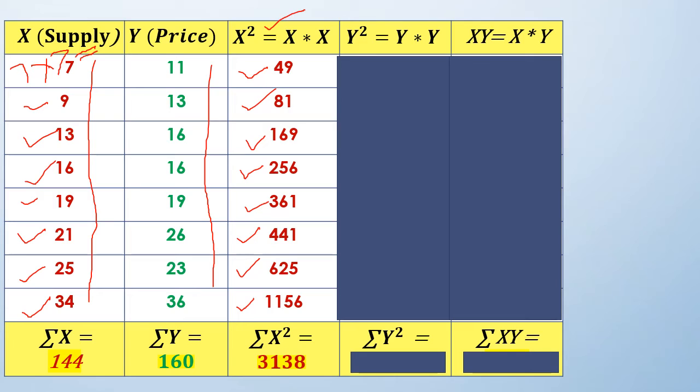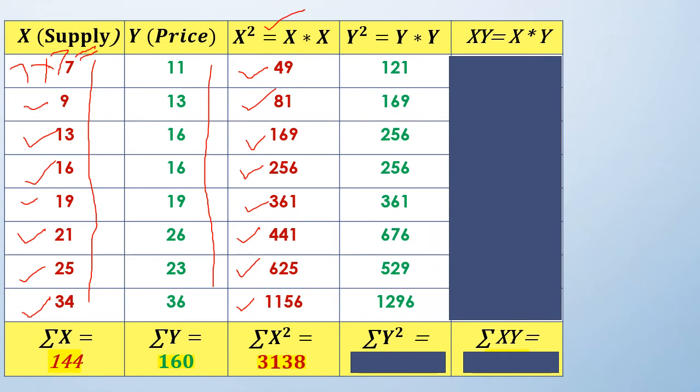Now follow the same process and calculate y square. y square is equal to y into y. So 11 into 11, 13 into 13, 16 into 16, 16 into 16, 19 into 19, 26 into 26, 23 into 23, 36 into 36. Here are the answers: 11 into 11 is 121, 13 into 13 is 169, 16 into 16 is 256.